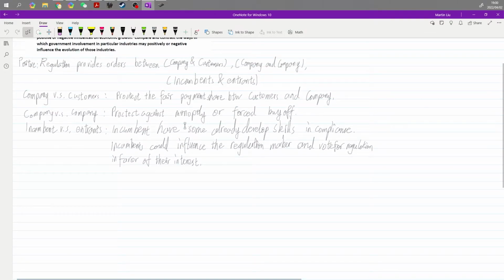So something negative: deregulation of airline, primarily in... well, so other things, negative signs about regulation.